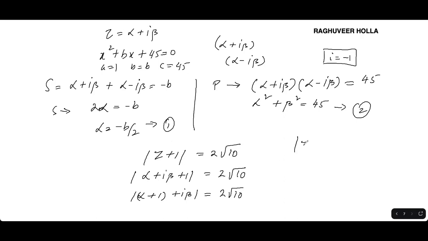Now, mod of z is square root of x square plus y square. So here this implies square root of alpha plus 1 whole square plus beta square is equal to 2 root 10. Okay. Further, let us simplify.